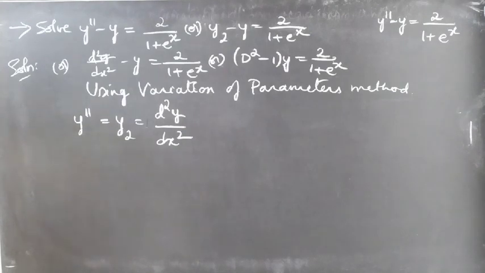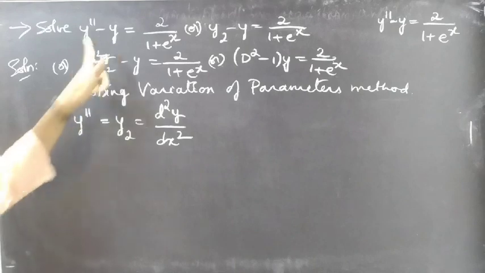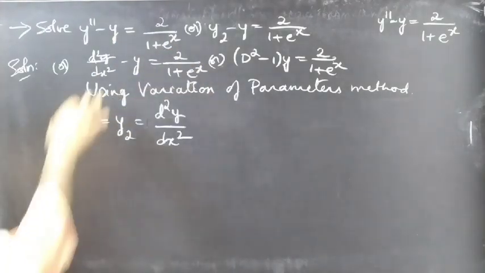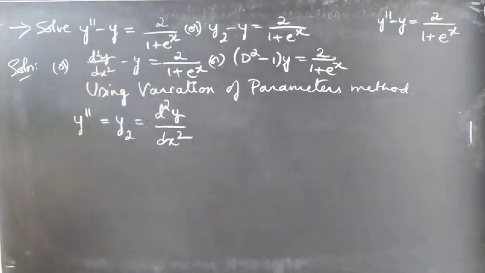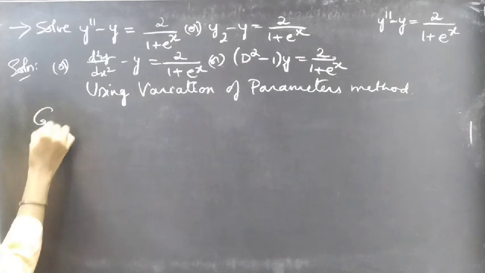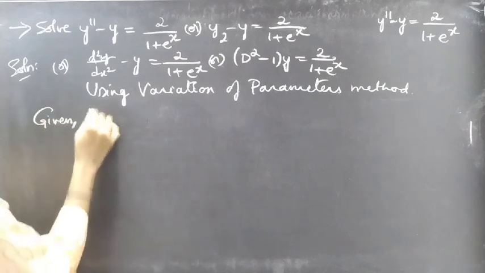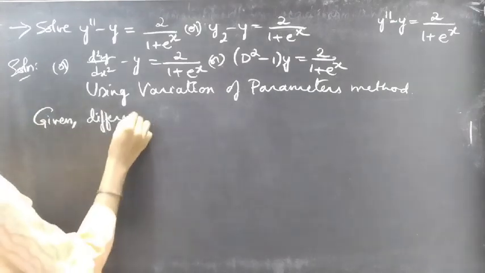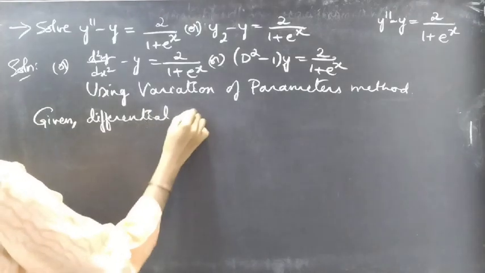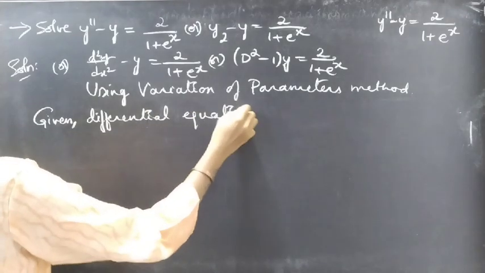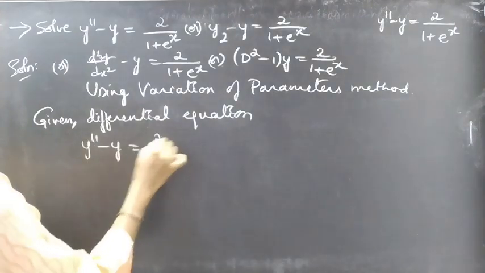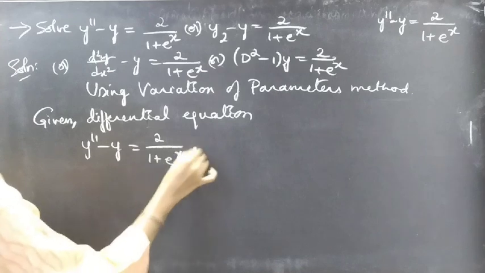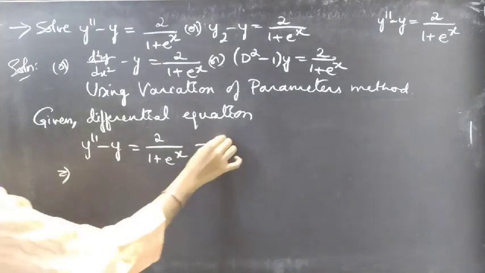Using the variation of parameters method, all these four equations are the same. The given differential equation y double dash minus y equal to 2 by 1 plus e power x, consider as equation number 1.